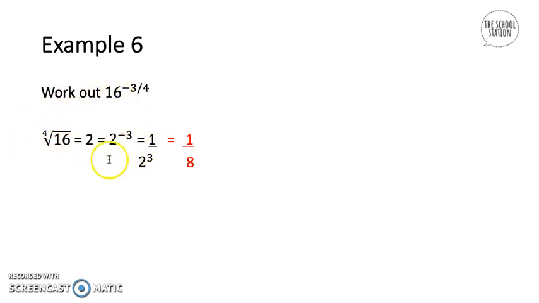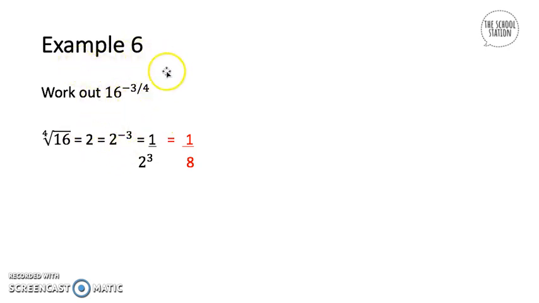And then with the numerator, you have to make it into a power. So after you find your answer of doing the 4th root of 16, you have to do the power from the numerator. So it has to be 2 to the power of minus 3.